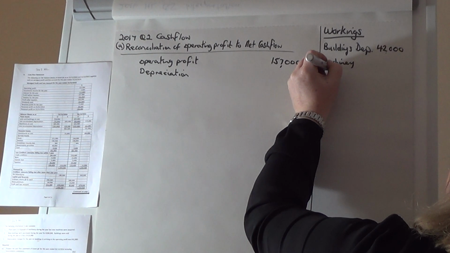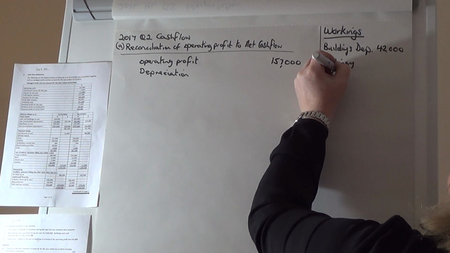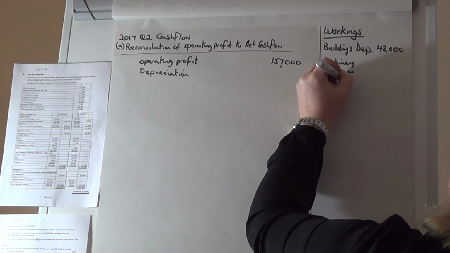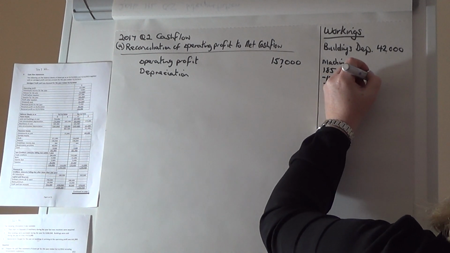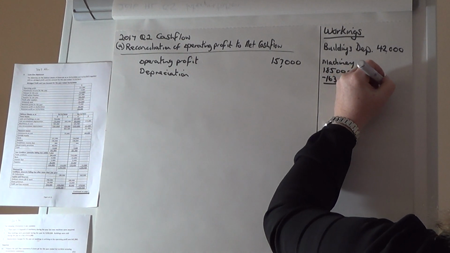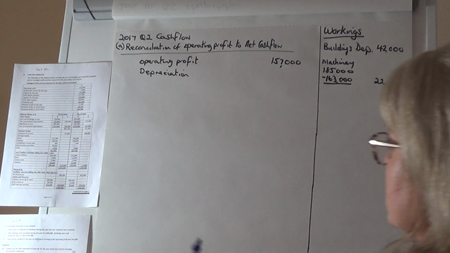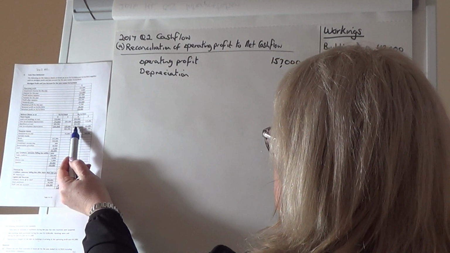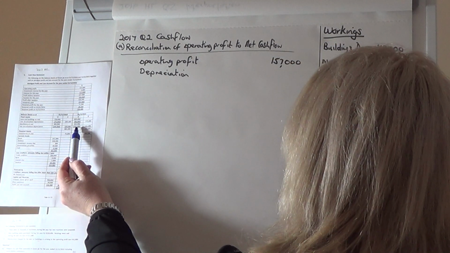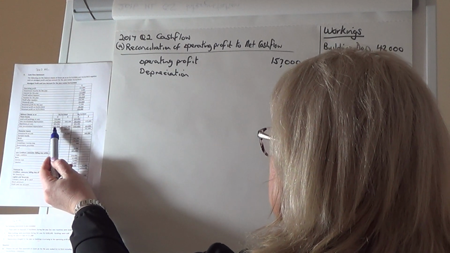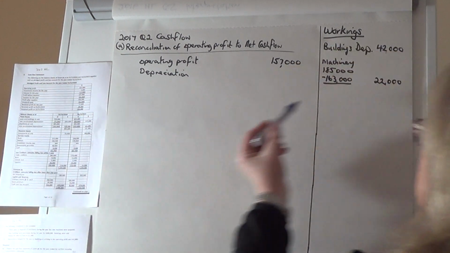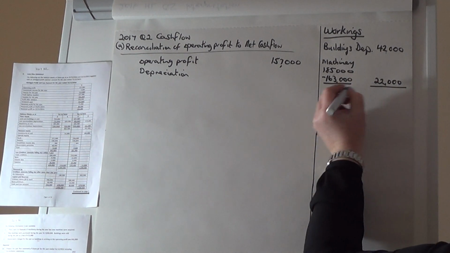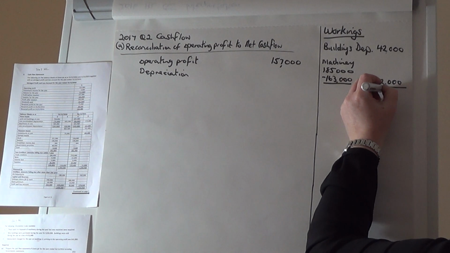It was 185,000 minus the 163,000, so that was 22,000 in total in depreciation. So you'll see that there the accumulated depreciation for 2015 was 163, it moved to 185 for 2016, so therefore we charged 22,000 depreciation. So total depreciation then was 64.